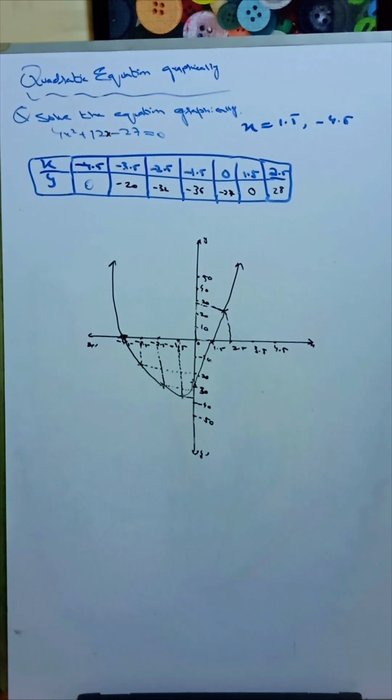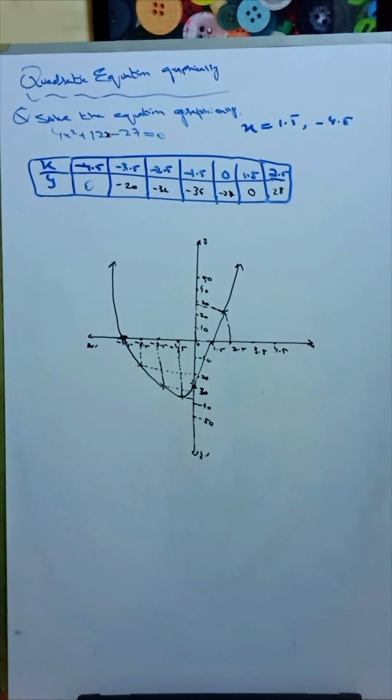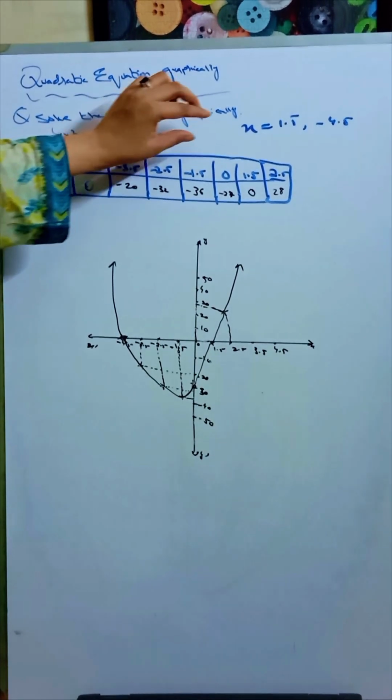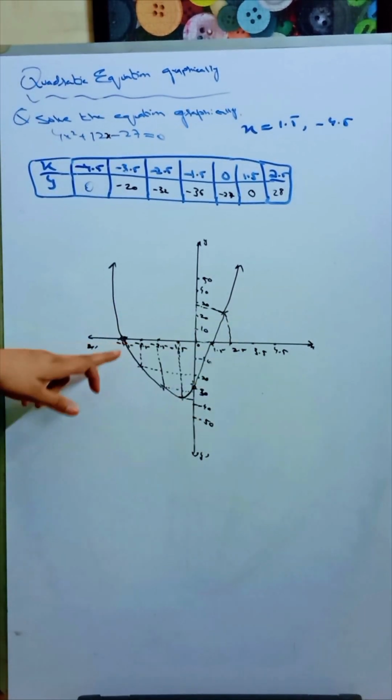Alright, by joining these points, I get my complete graph. Now next, the main point is we have to represent the x points, where this curve cuts the x-axis.